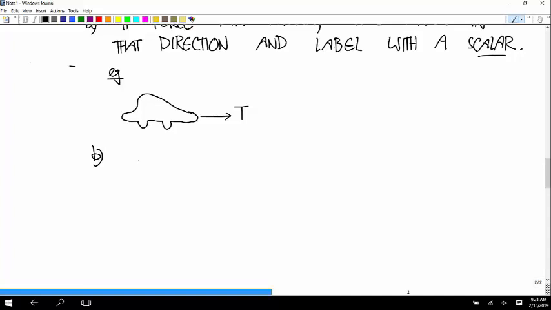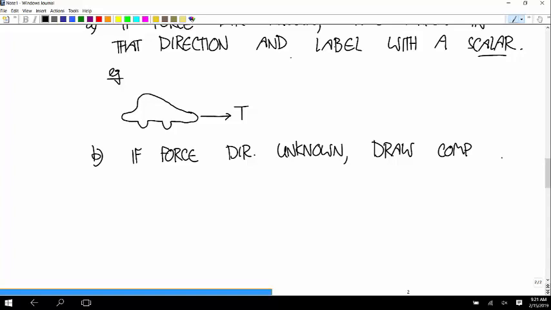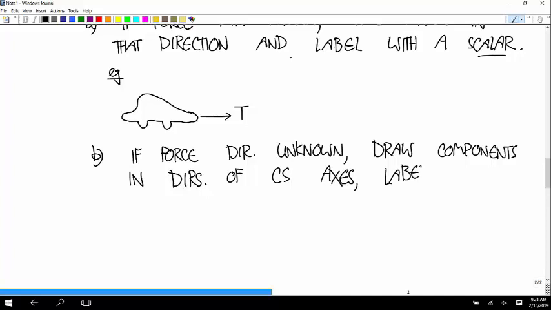On the other hand, if the force direction is unknown, then draw components in the direction of the coordinate system axes and label with a vector.